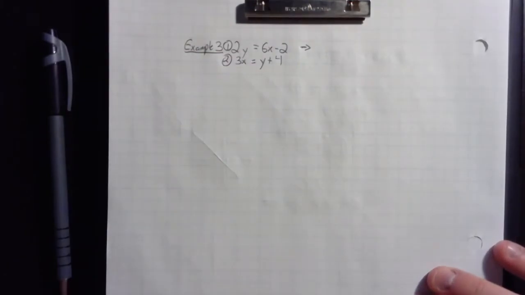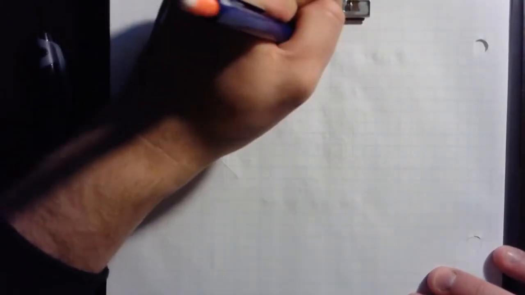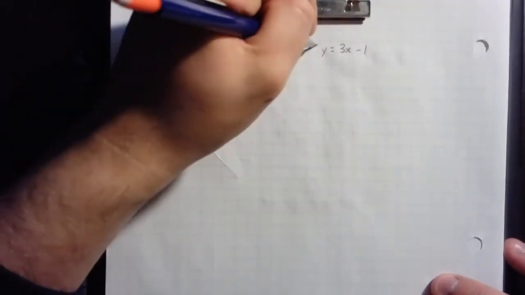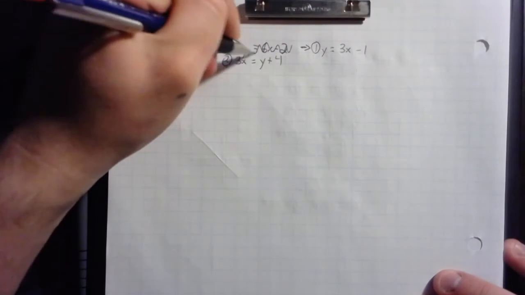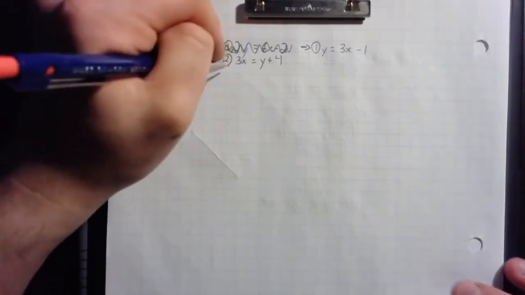If we divided each term by 2, then we would get y equals 3x minus 1. Okay, so let's make that our new equation 1. So I can cancel this one out here. Okay, so let's go on to our next step.